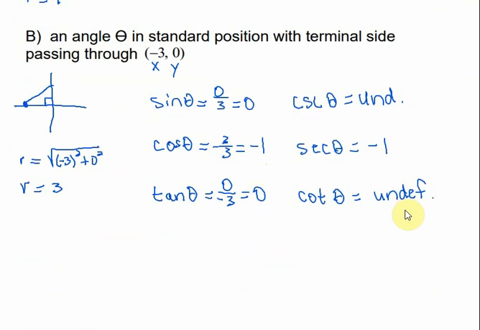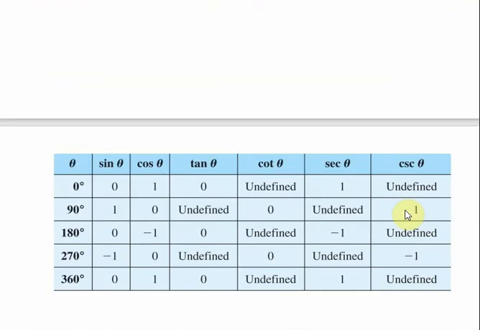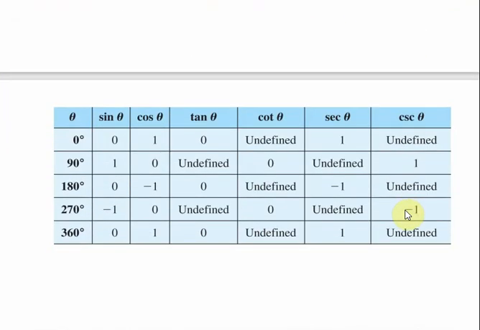So here's a little chart that summarizes the quadrantal angles. For 0, if we have our terminal side on 0, then sine is 0, cosine is 1, tangent is 0, cotangent is undefined, secant is 1, and cosecant is undefined.